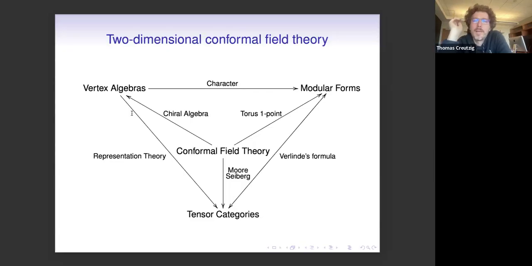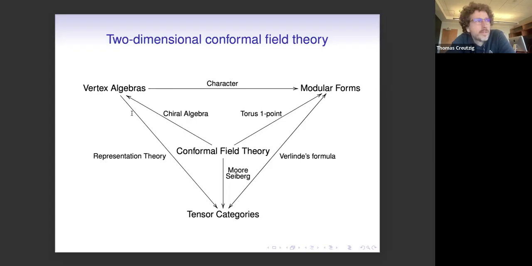One could come up with many areas, but if we talk about this Verlinde type story, then we think about the connection between vertex algebras, modular forms, and of course the representation theory, the tensor categories of vertex algebras. So we have this gadget that should give us the philosophy, the intuition of what's going to happen, which is the two-dimensional conformal field theory. Its chiral algebra, which one should think about as its symmetry algebra, is the vertex algebra, or better said, a left and a right moving vertex algebra.